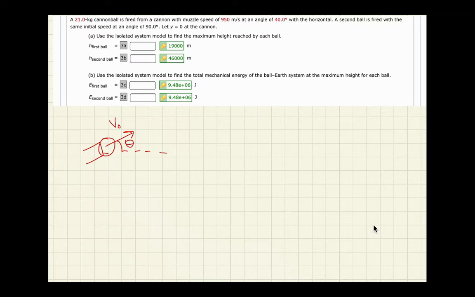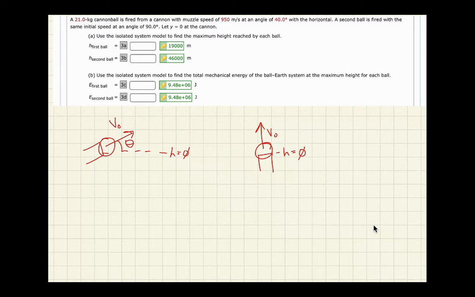Let's call it theta. The other one is launched vertically with the same initial velocity, fired at 90 degrees, so vertically. We're defining position 0 as the position at which it leaves the cannon.